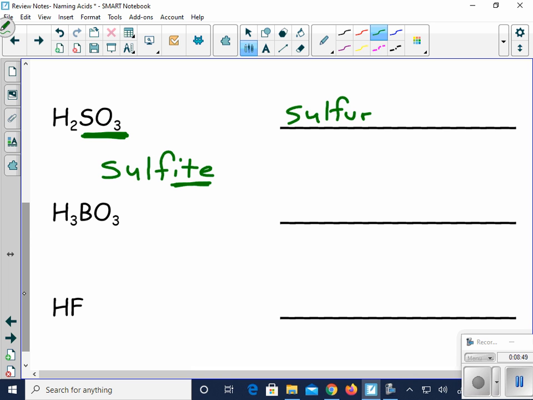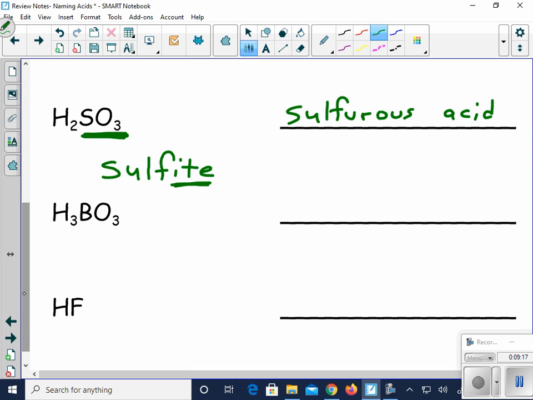And you just have to memorize that. So this is sulfur, and now I add my OUS. Sulfurous, and to finish things up, I have to write the word acid. So H2SO3 is sulfurous acid.